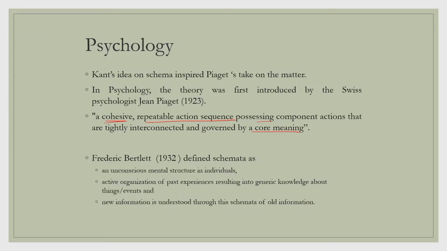Later, another important person whose contribution has been very significant in this domain is the psychologist Frederick Bartlett. He also says that this is an unconscious mental structure that each individual carries within his or her mind. So, this is an unconscious structure that is already there. Notice that psychologists talk about a structure.